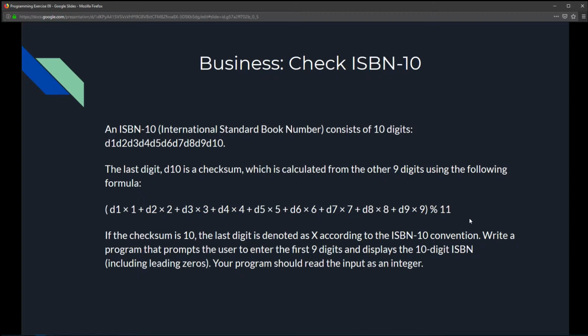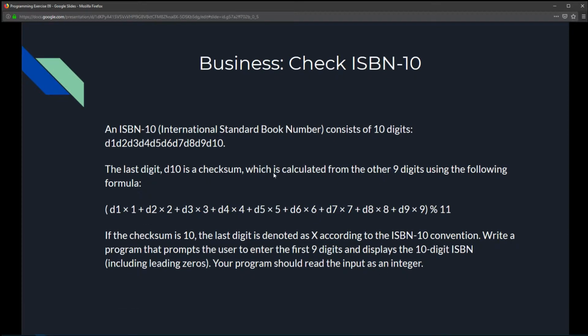So we have to write a program that prompts the user to enter the first 9 digits, and then we solve for D10, the 10th digit of the ISBN, including leading zeros. So your program should read the input as an integer.